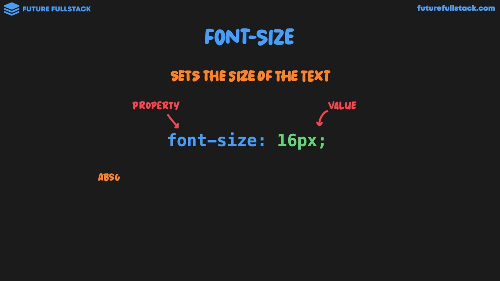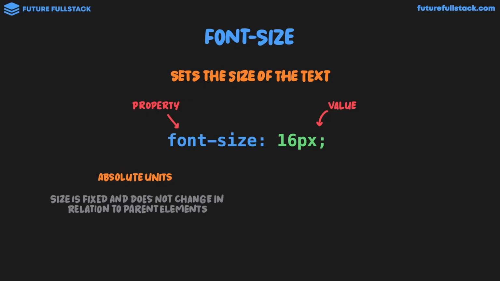Let's first look at absolute units. For absolute units, the size is fixed and does not change in relation to parent elements. Examples include pixels, points, inches, centimeters, and millimeters. The pixel is an absolute unit that is commonly used in CSS, and the other units you see here are uncommon. We're not going to use them.